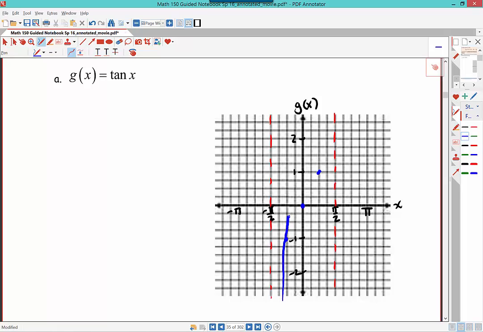So our graph will look something along these lines, something like that.